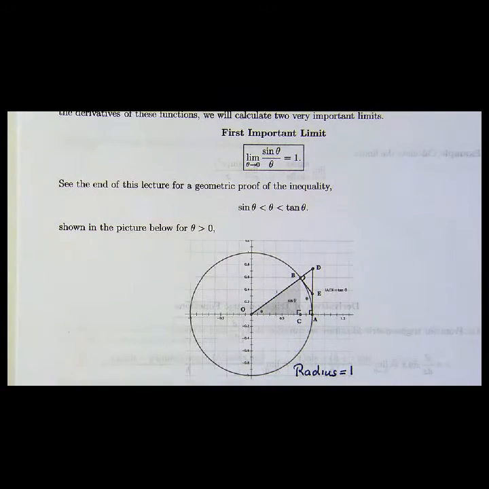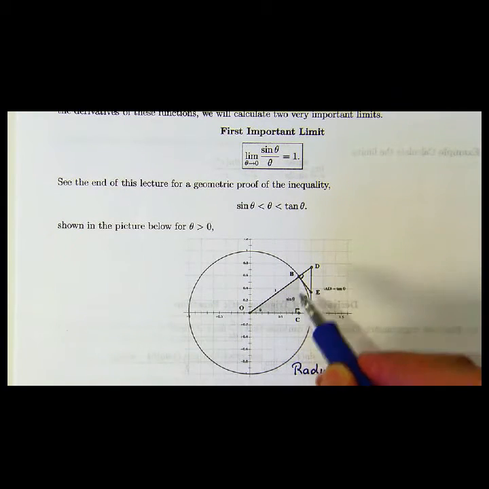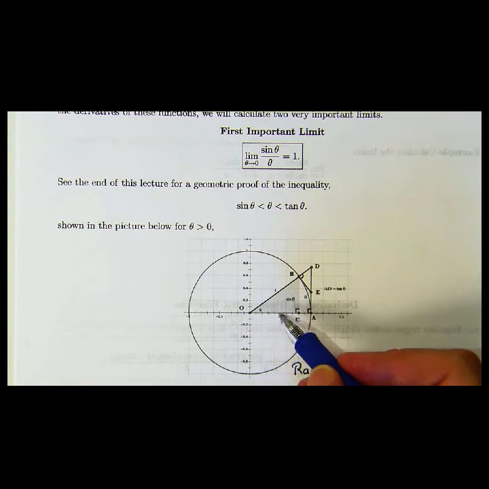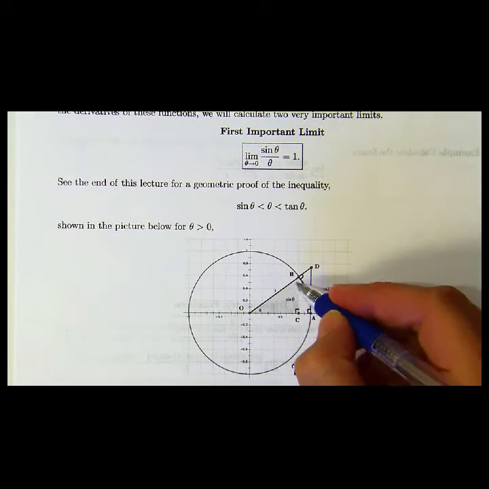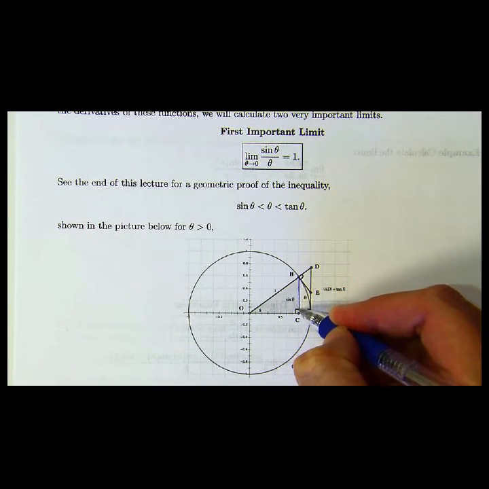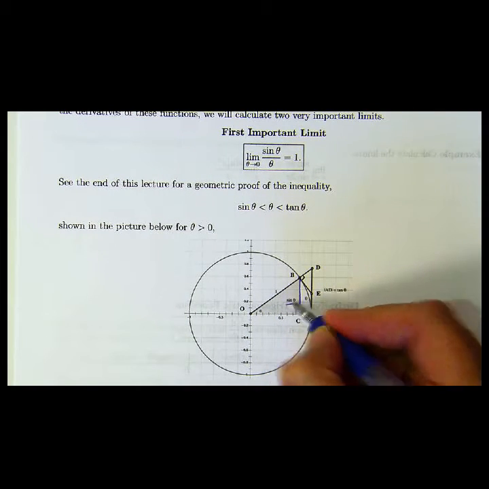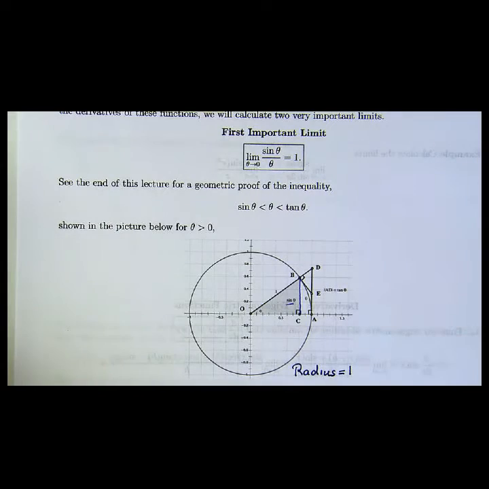If you take a look at this unit circle here, what you find is that if I draw a ray coming from the origin, making an angle theta, at the point where it meets the circle, if I drop it perpendicular to the x-axis, the length of that side is sine of theta.